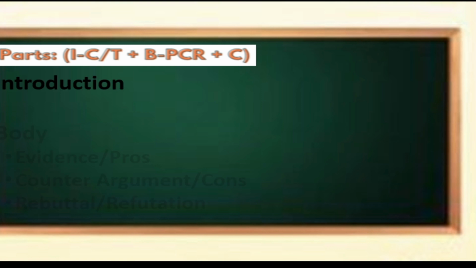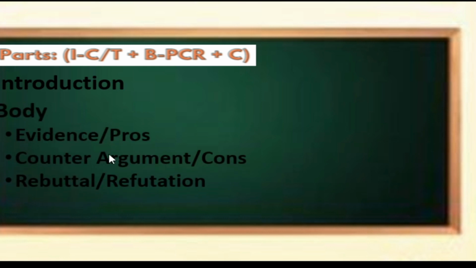Next one, body. The body is divided into 3 also, 3 paragraphs. The first paragraph is your pros. This is where you tell why you are in favor of the issue, and then you give evidences, the proof of facts that support your argument.